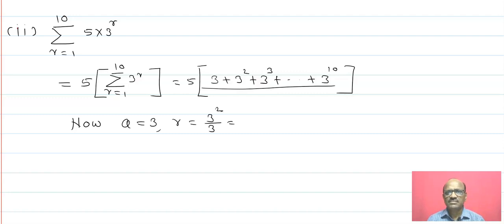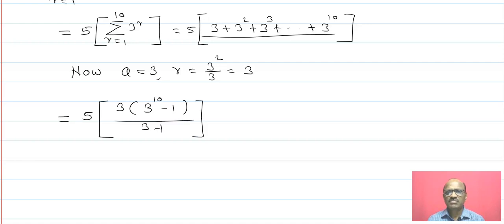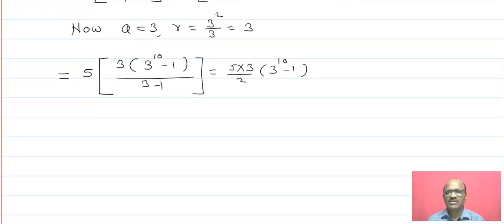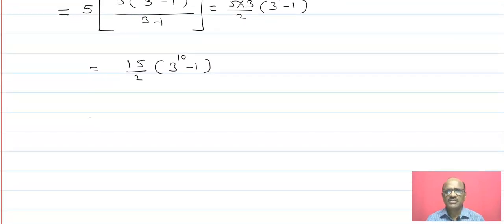Therefore 5 times (3 times (3 raised to 10 minus 1) upon (3 minus 1)), bracket complete. That is 5 into 3 upon 2 times (3 raised to 10 minus 1), that is 15 upon 2 times (3 raised to 10 minus 1).